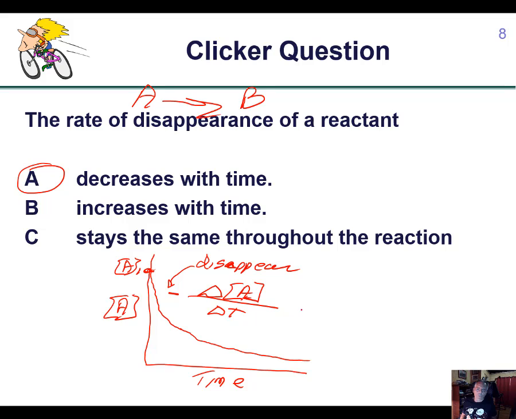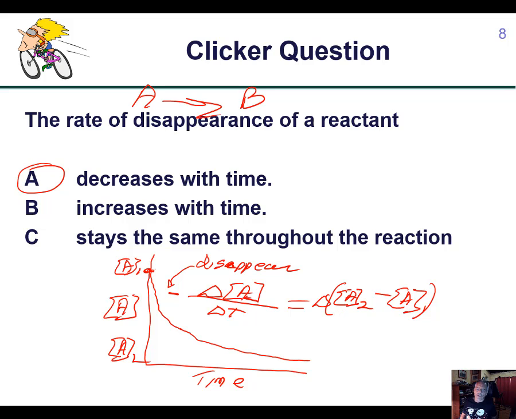And the reason that we actually come out with a positive result is because that change is always going to be measured as the reactant concentration at time 2, down here where the reactant concentration is a lower value, minus the concentration of A at time 1, the initial concentration when it's higher.